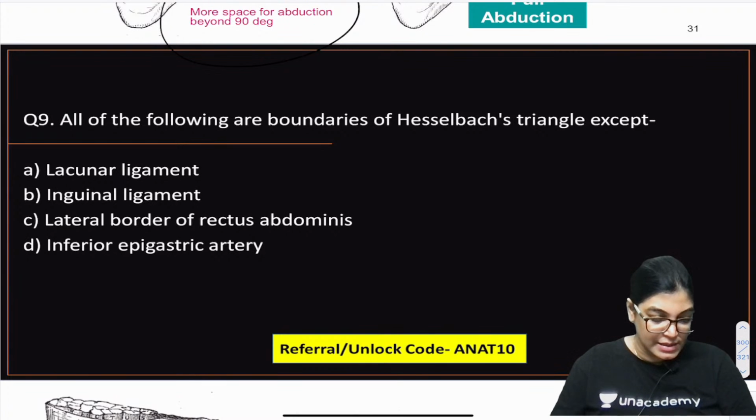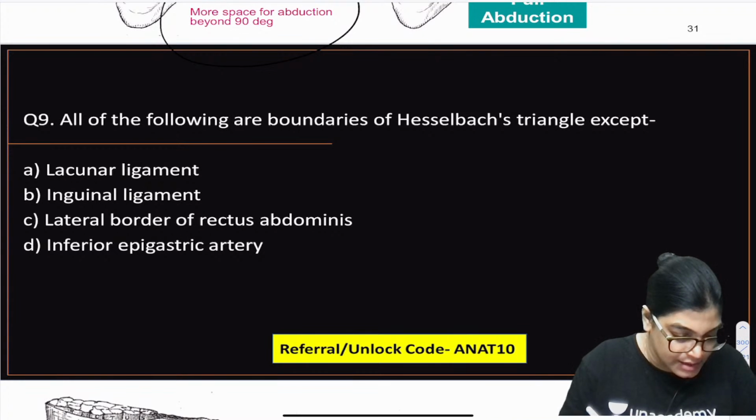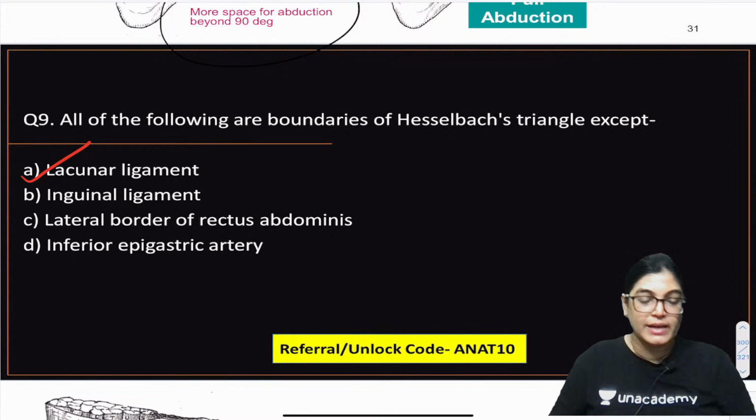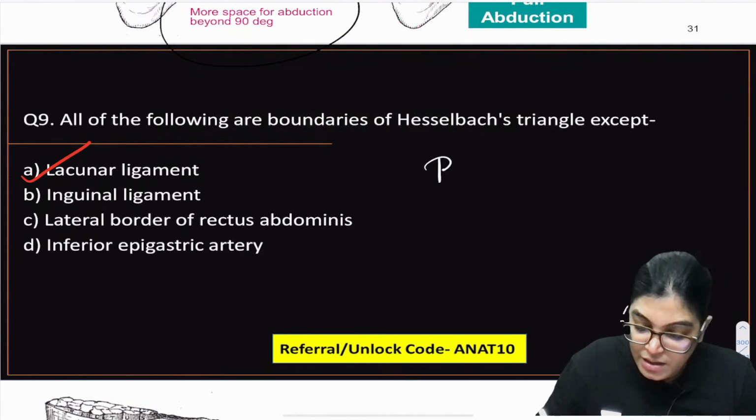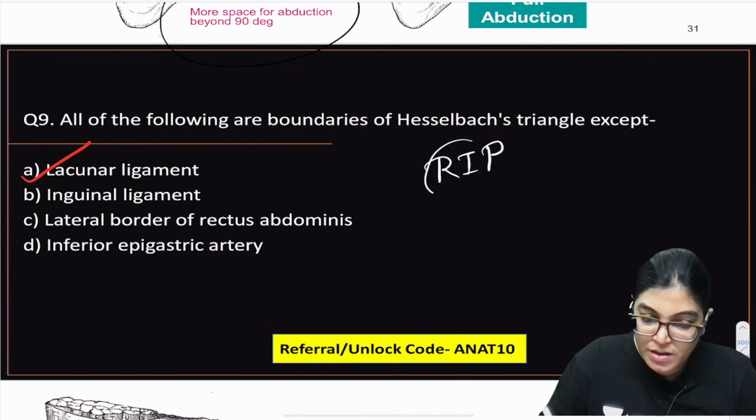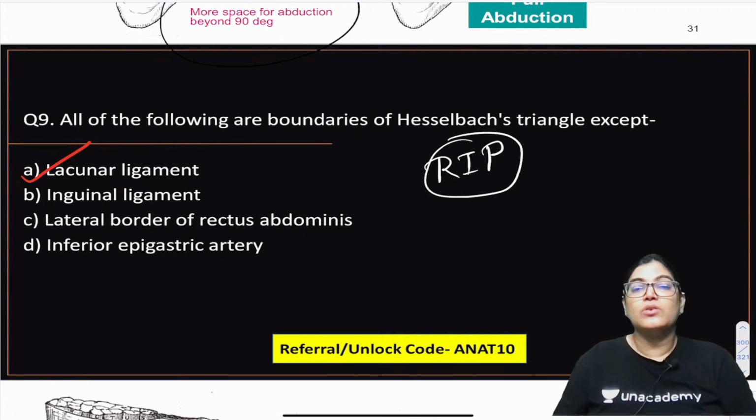So yes, lacunar ligament is absolutely correct. Actually, let me give you a mnemonic for how you can remember the Hesselbach triangle: RIP, R-I-P.